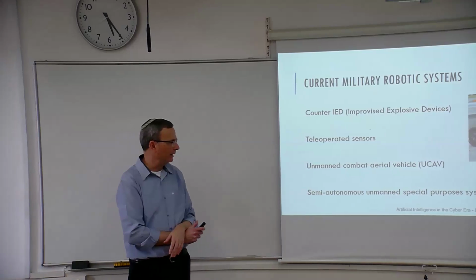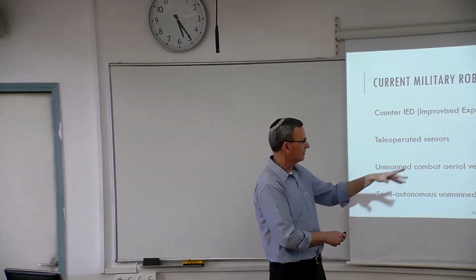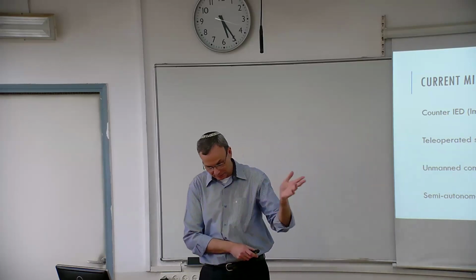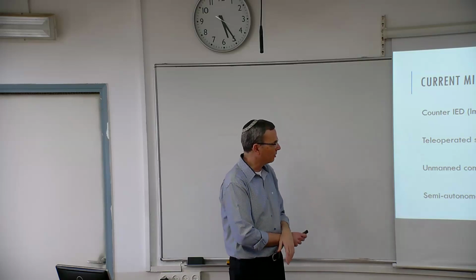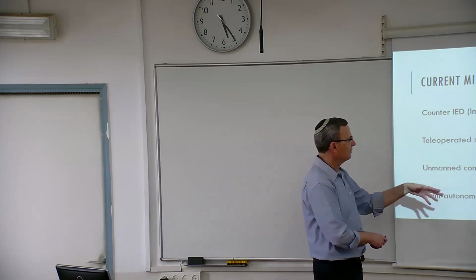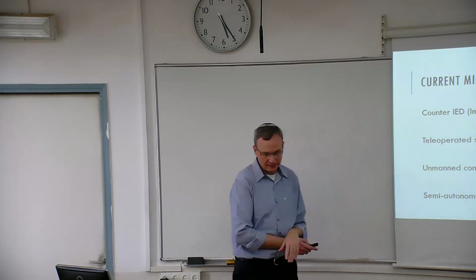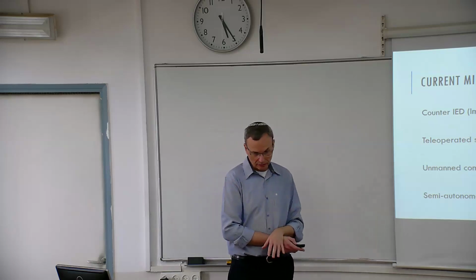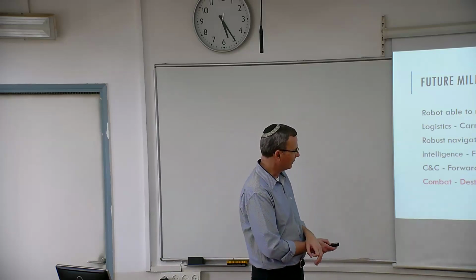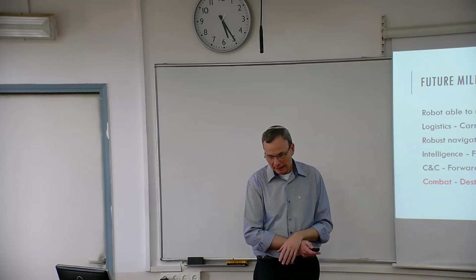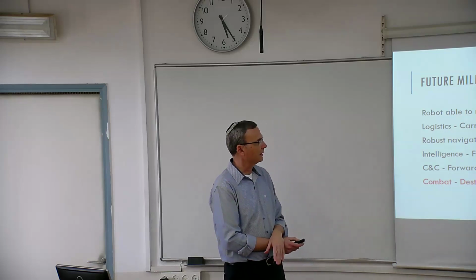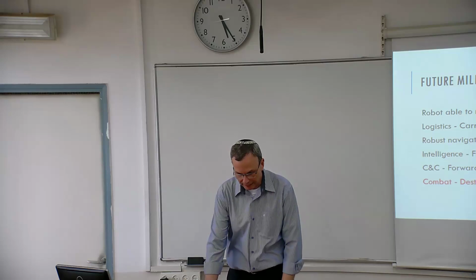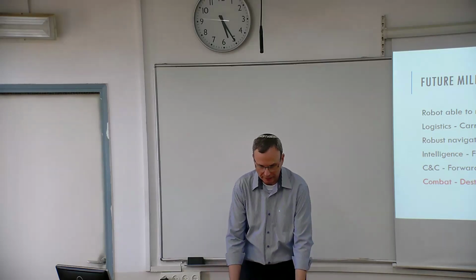There are many unmanned combat aerial vehicles, we all know, and they are heavily in use in the current war in Israel, and also in the Ukraine war. There are also semi-autonomous unmanned special-purpose systems in many cases. But now we see more and more fully autonomous robots working in tandem with people. What are the tasks that people envision a robot could perform in a military arena?